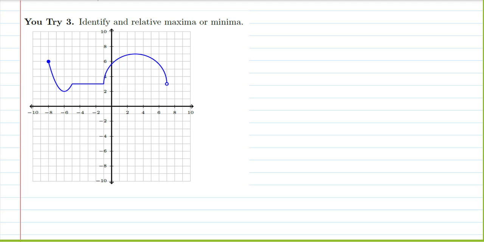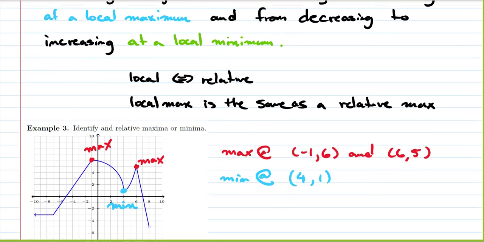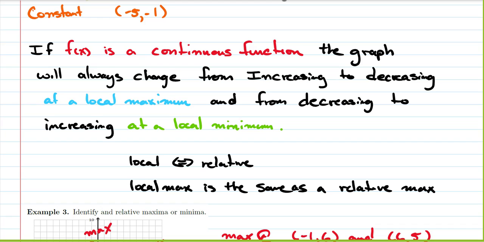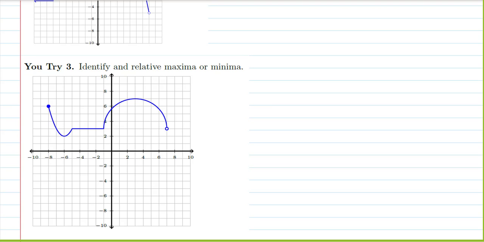All right. So for this, we want to identify our relative max and our relative min. So remember, the key to this is that a relative max, it has to change from increasing to decreasing and from decreasing to increasing at a local min. So our graph, here it's going down and then starts going back up.